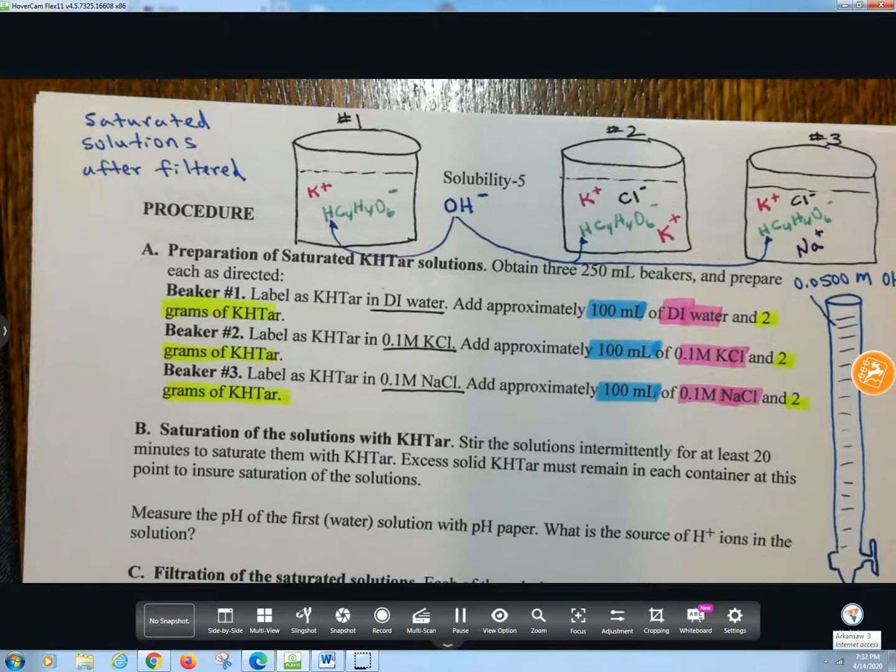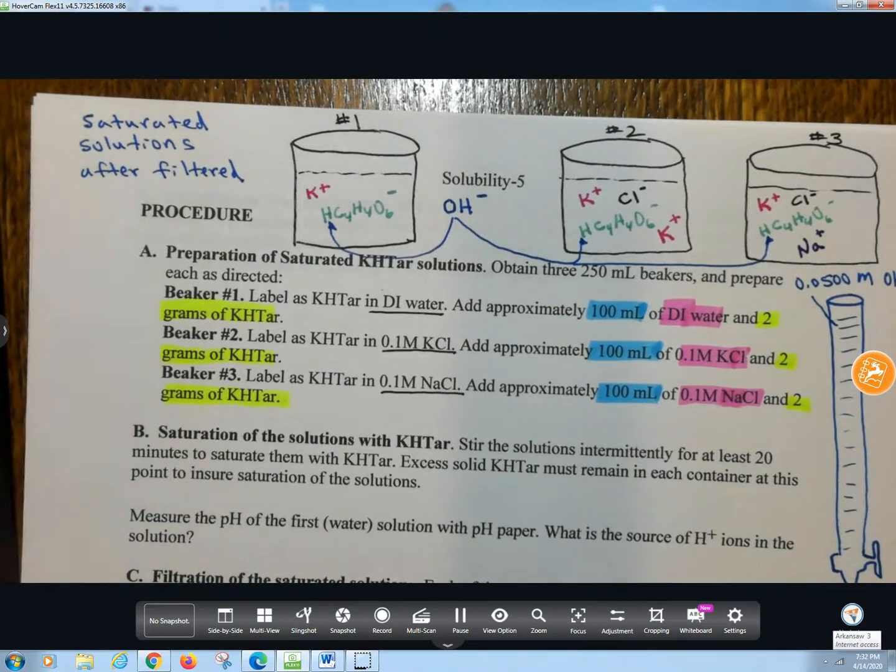So I'm going to pull up a YouTube video at this point. So I have a YouTube video within my YouTube video, and we are going to look at that. If I bring this over to my other screen, I think. Chemical equilibrium 2, the solubility product. The solubility product of potassium hydrogen tartrate. It's not letting me go there. For some reason, it has that locked out. So I am going to... I am going to have to do this.